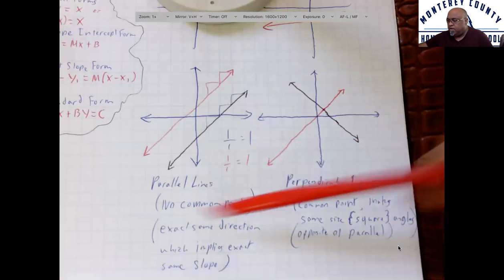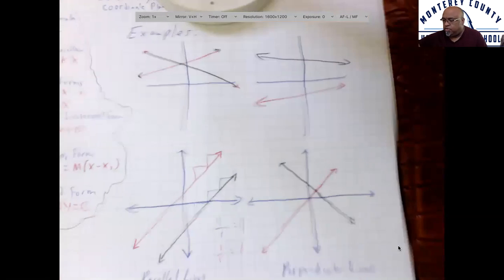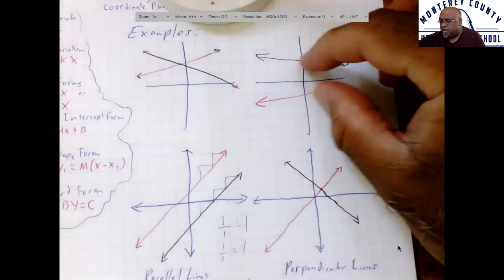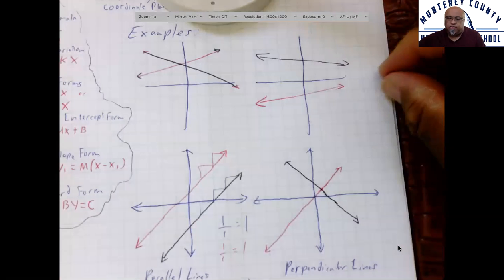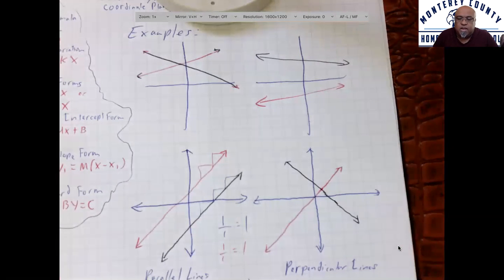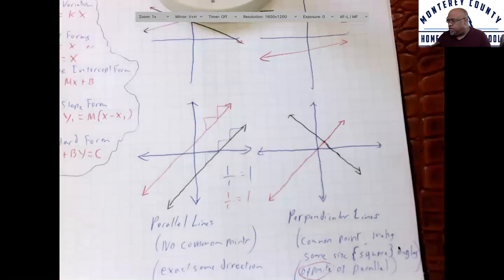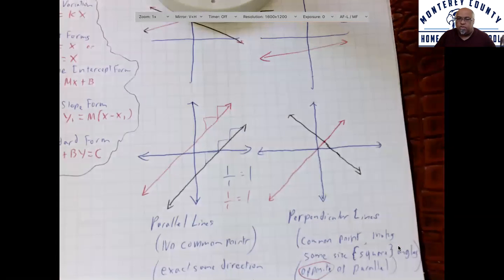It's not like these two lines where they're almost parallel and a long ways down the line they'll eventually cross. They are the exact opposite of parallel. So the word opposite here is kind of an important idea in dealing with parallel and perpendicular lines.